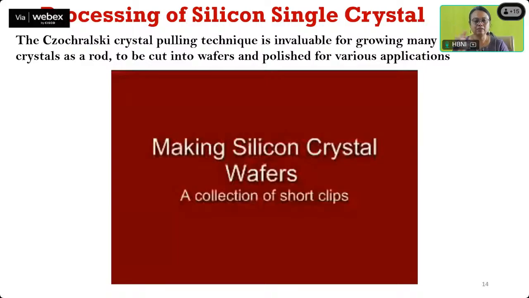The full growth of that crystal takes around 15-16 hours. Before that you also have to do a lot of loading of the material, creating vacuum and all those things, and then cooling and taking out. So it takes around 3 days for one single crystal growth of germanium of that size.